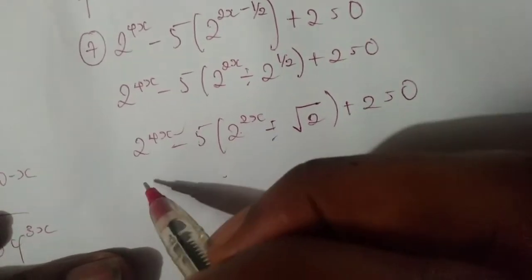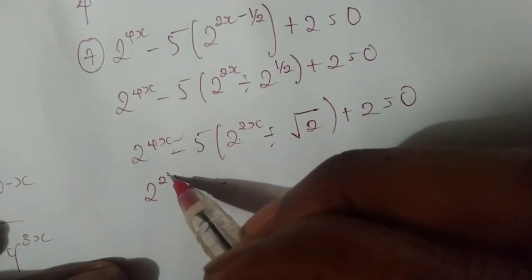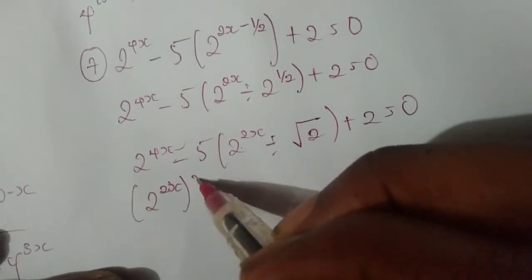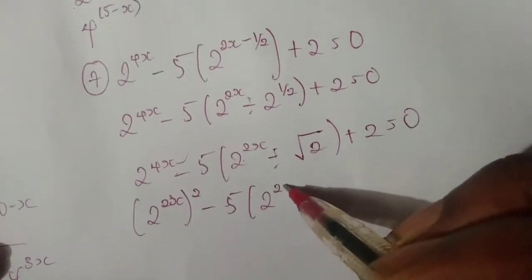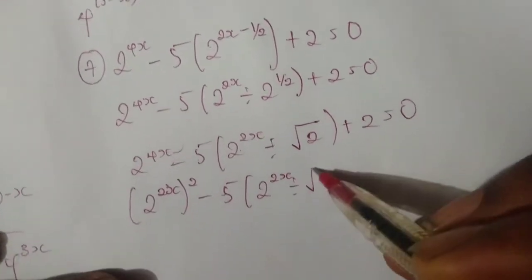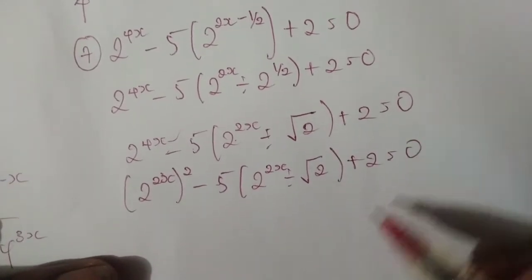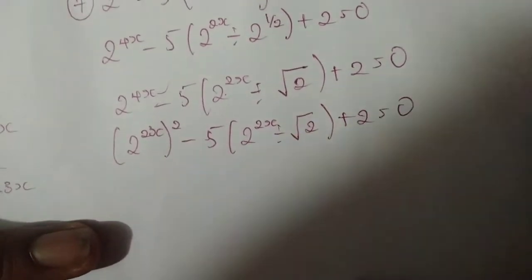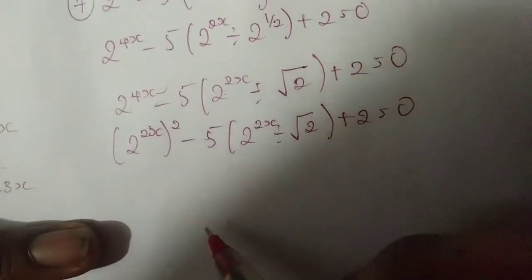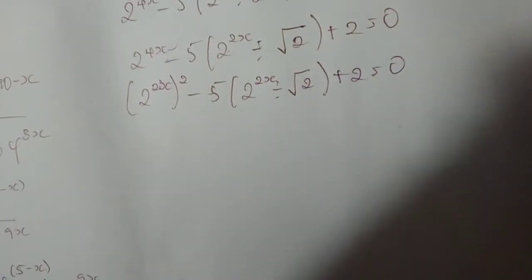So if we factorize, we get 2 to the power of 2x, all squared, minus 5 bracket 2 to the power of 2x divided by root 2, plus 2 is equal to 0. What else can we do?